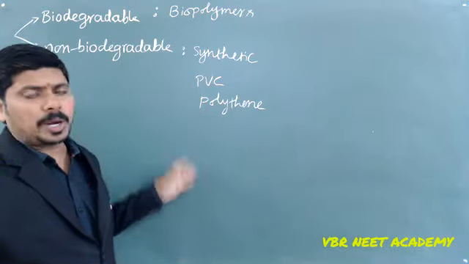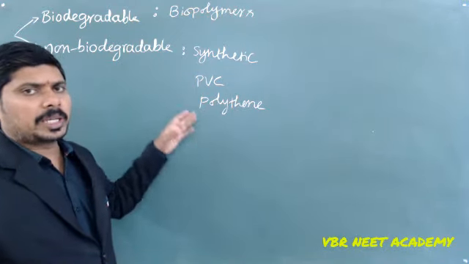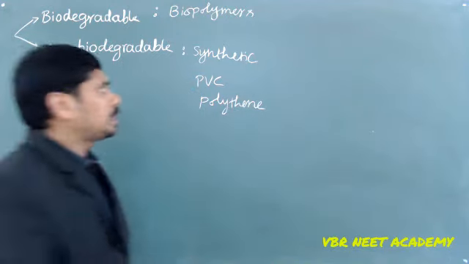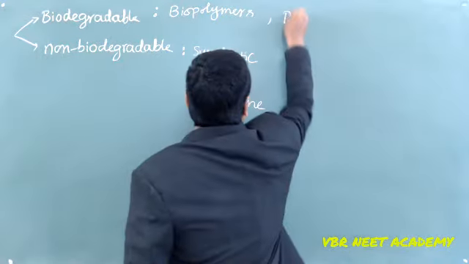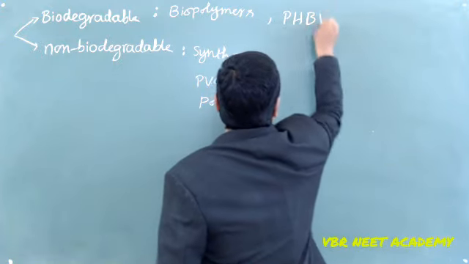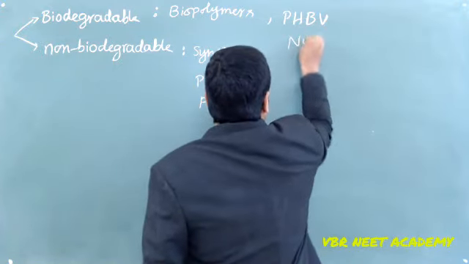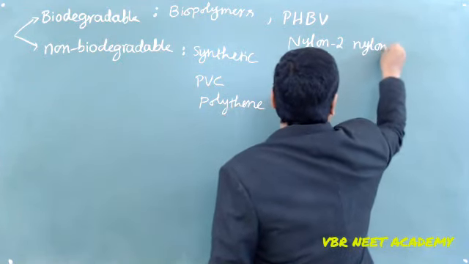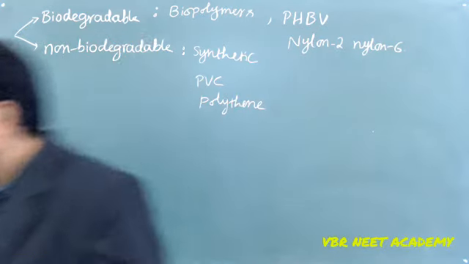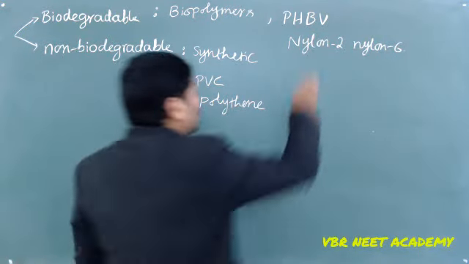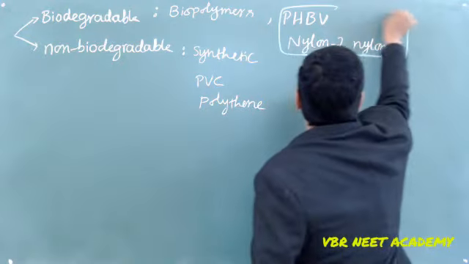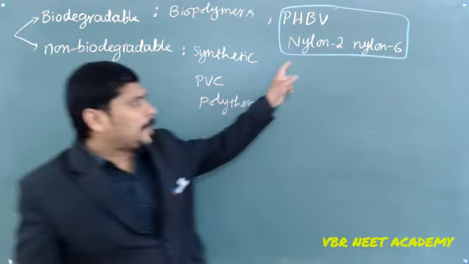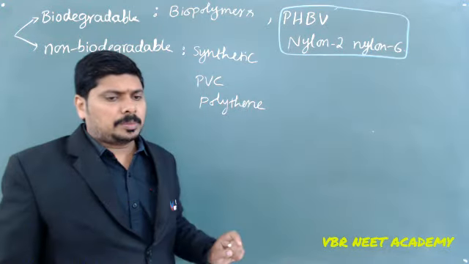Still, most synthetic polymers come under non-biodegradable polymers, but certain synthetic polymers also come under biodegradable polymers. The best examples are PHBV and Nylon 2, Nylon 6. Even though they are synthetic, they come under biodegradable polymers.